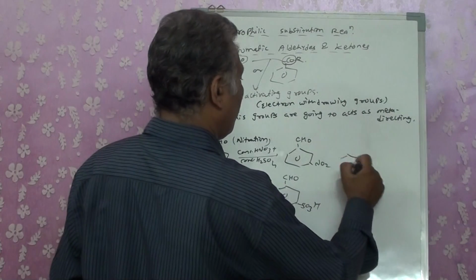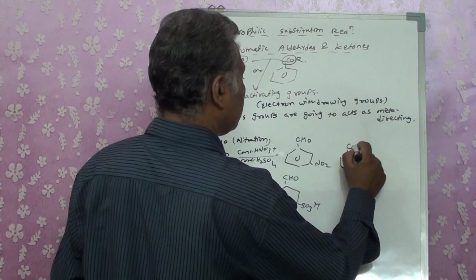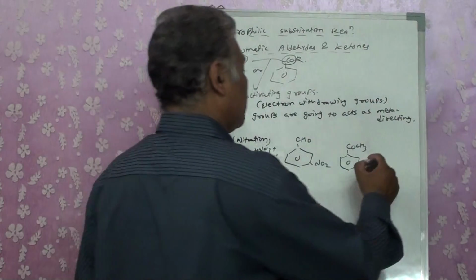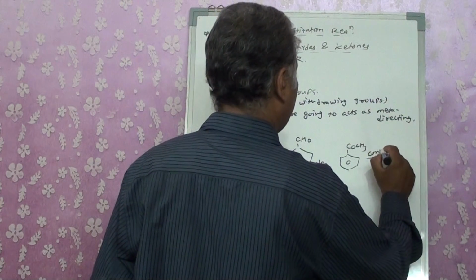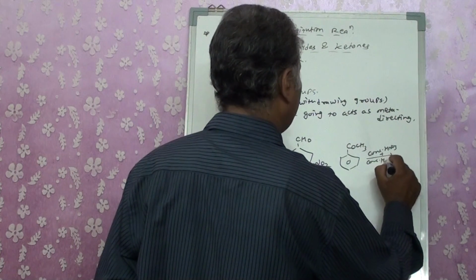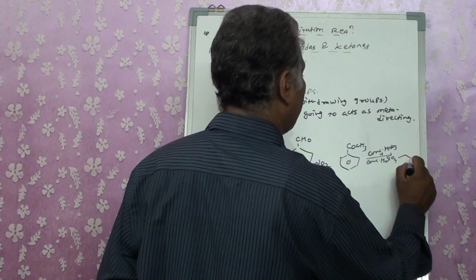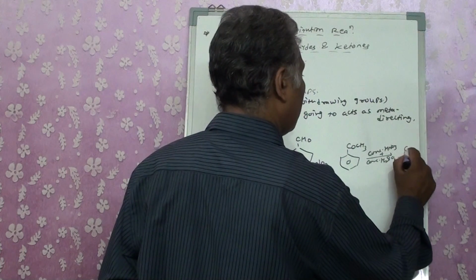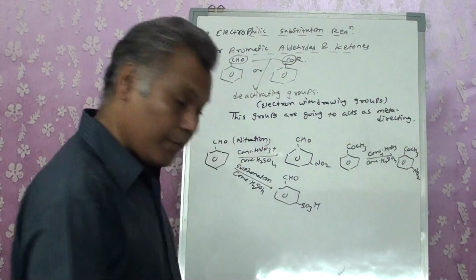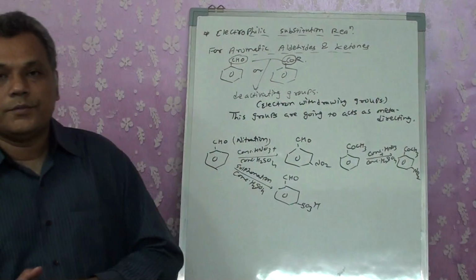Similarly, if we take a ketone, COCH3, and if we go for nitration, concentrated HNO3 plus concentrated H2SO4, we get the product with nitro on meta position, right?